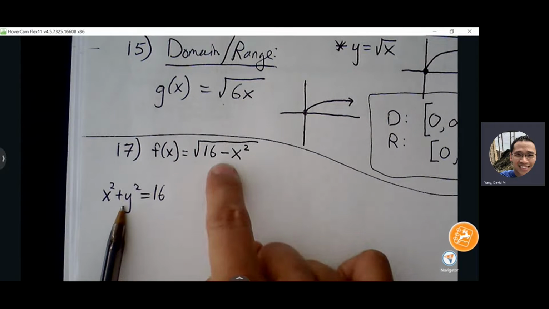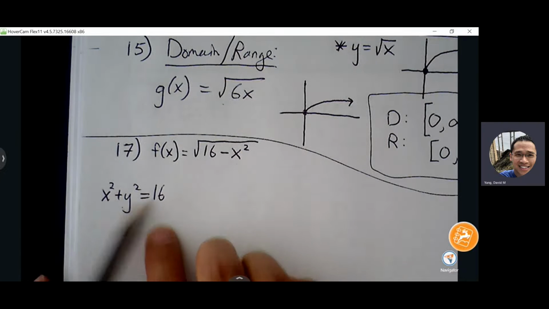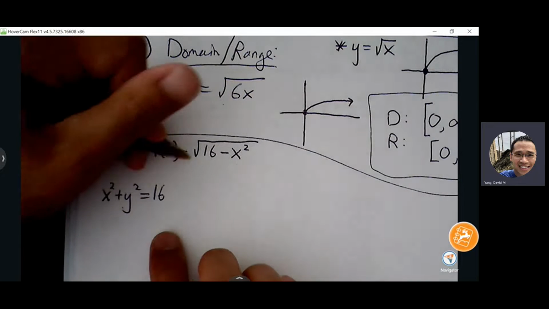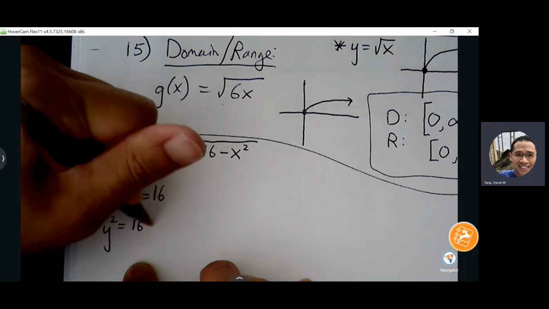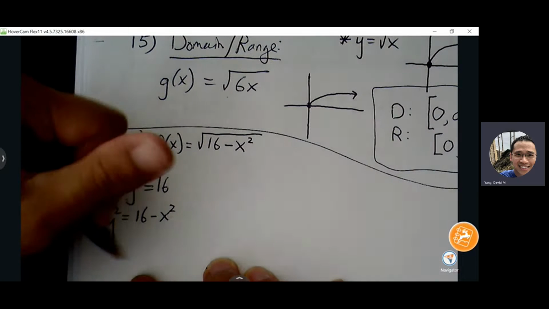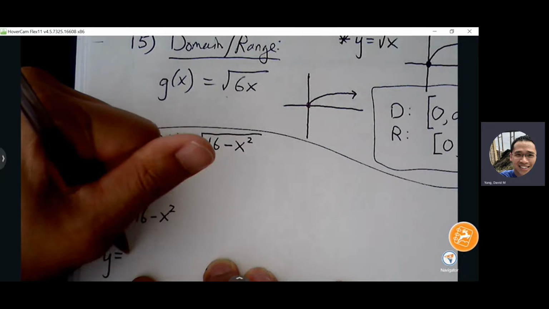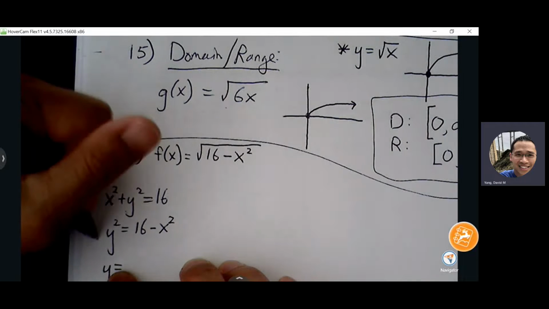That's just a little bit of context, but I want to show you how we can get to the shape of this graph, understanding where it's coming from. So I'm going to solve for y here. If I solve for y squared, it is equal to 16 minus x squared. Still a circle. But if I solve for y, I have to take the square root. So what happens when I take the square root?